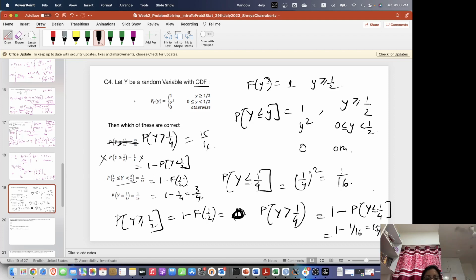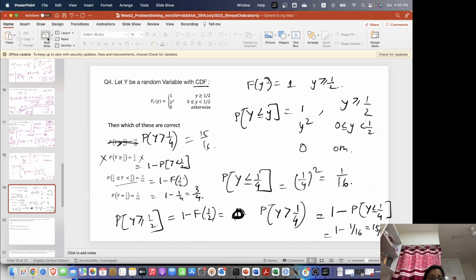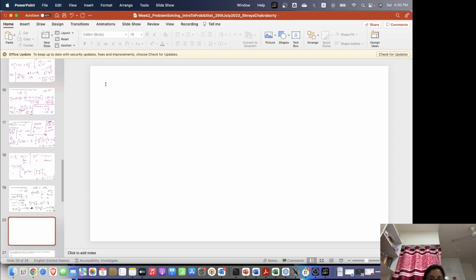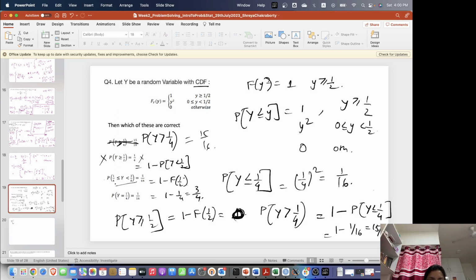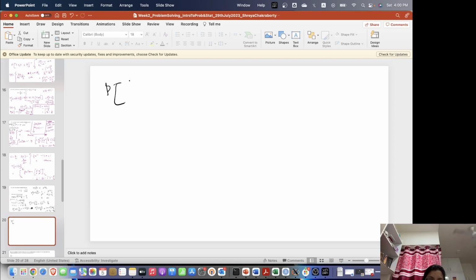Alright. Now the third one is probability. What we have to find out? 1/4 less than equal to y less than 3/4.